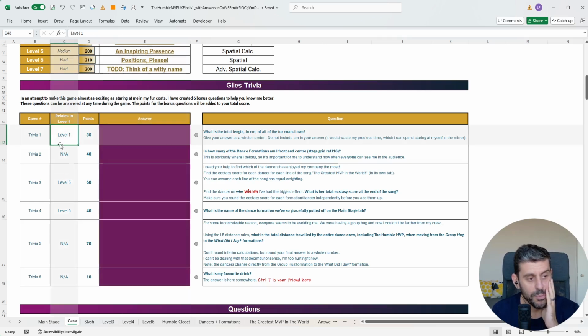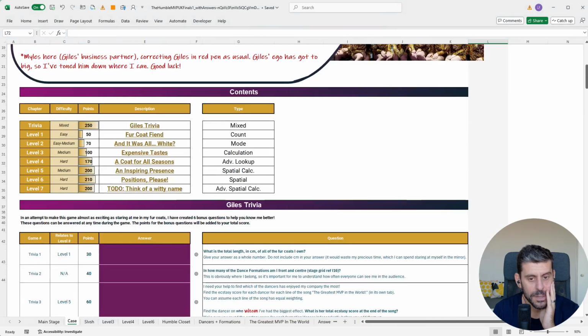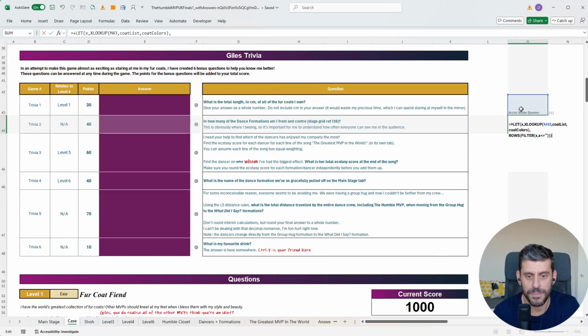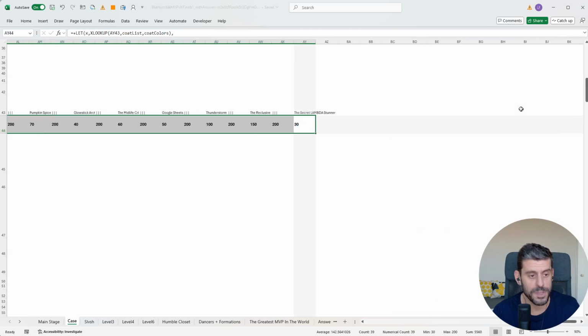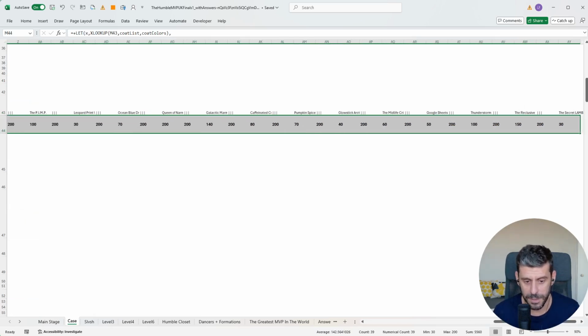Now bonus 1, I actually managed to get this wrong, and again, this was for me the overall win of the day and the final. Total length in centimeters of all the 4 coats I own. The way I did this is coat list, then apply the formula, and then I was so stupid to have done this thing, and you can see there are spacers here which I took, which are actually not needed, and so ended up putting in 5,000 and something.